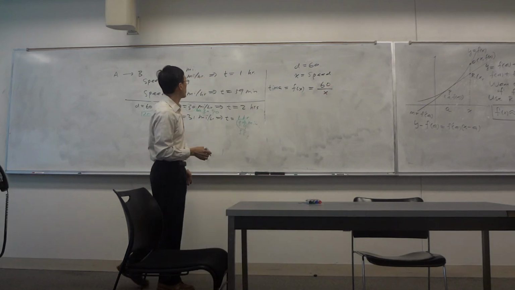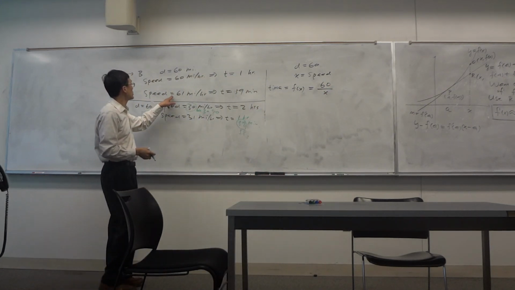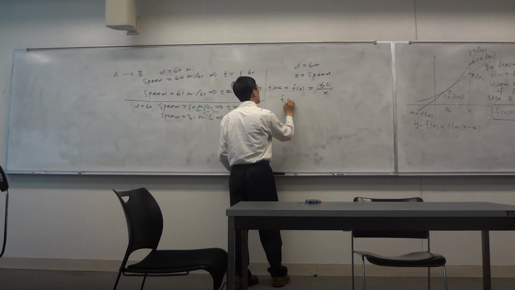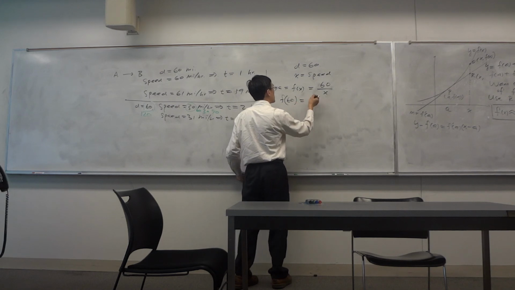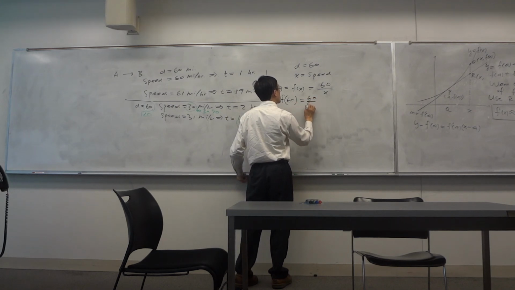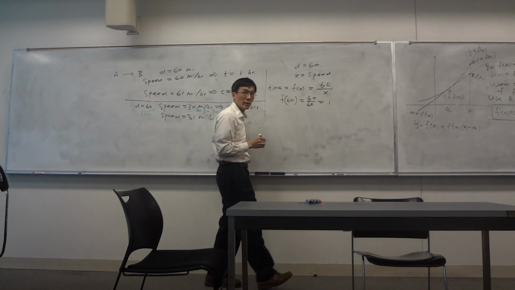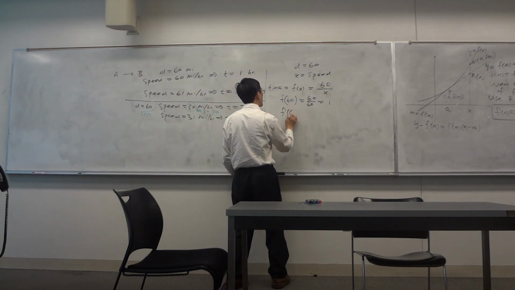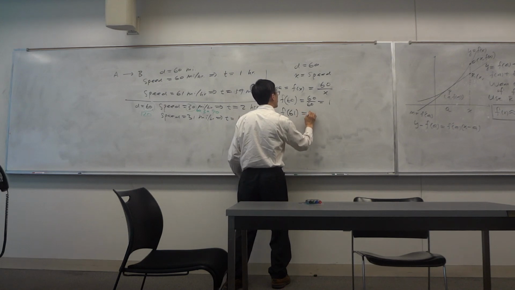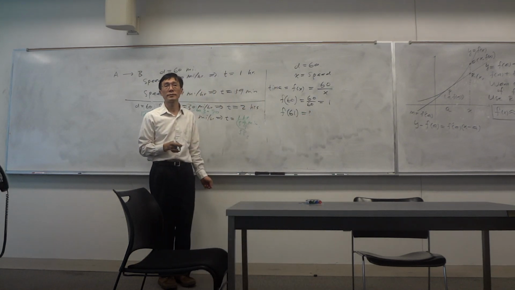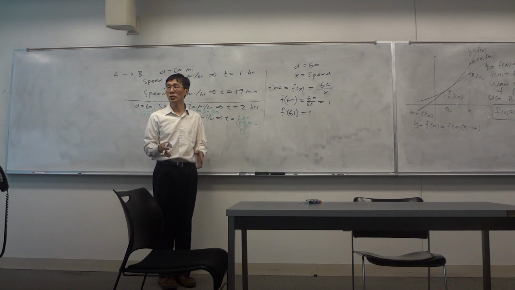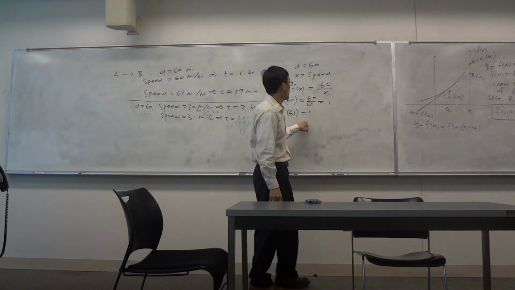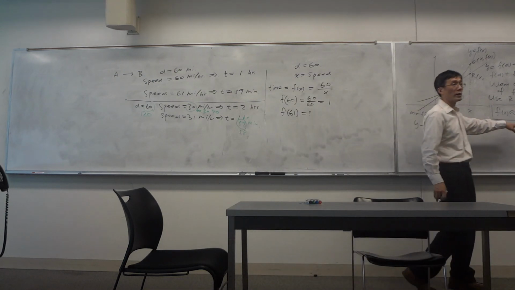First of all, f(60) is easy. That's just 60 over 60, which is 1 hour. And we are basically asking what f(61) is equal to. The speed increases from 60 to 61. How will f change?